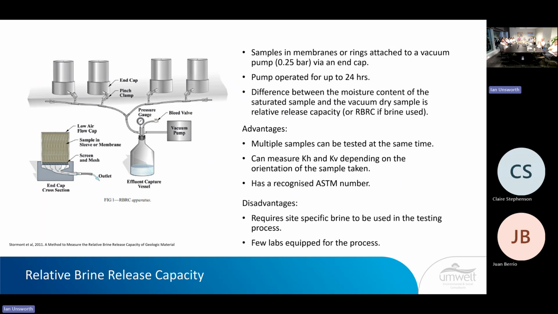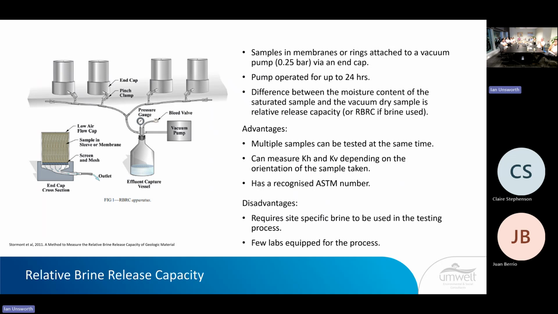So you can test multiple samples at this time, and you can in fact measure vertical and horizontal K. You just have to get your subcores in the right orientation. And it does have a recognised ASTM number, so it does seem to be the most popular one that gets used.